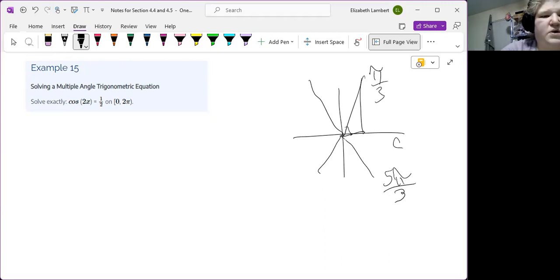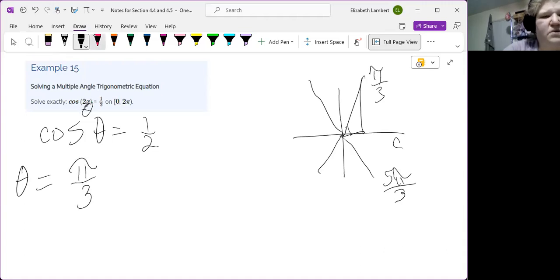So I'm going to call that theta for a second here. So we've solved cosine of theta equals 1/2. We get pi over 3 plus 2 pi k.